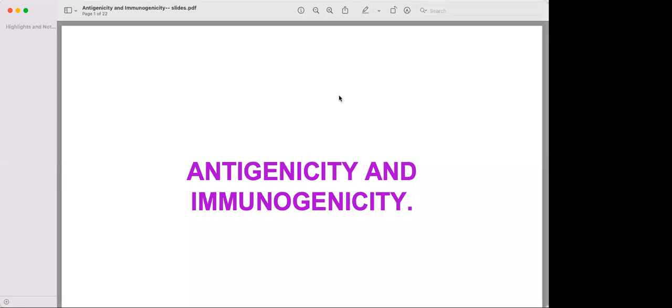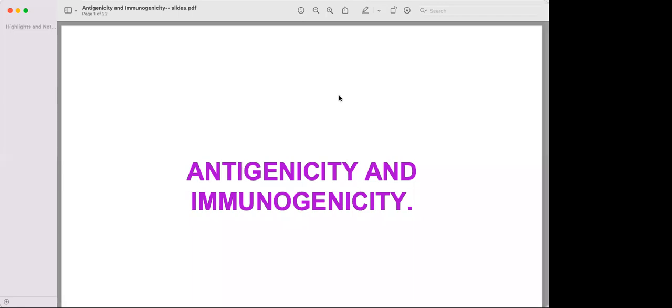So in reality, therefore, this foreign intruder, defined as foreign to the body, comes into contact with the body. And then it has to stimulate an immune response. How does it stimulate an immune response? It first must bind to the receptors of the cells which will recognize it. And then it stimulates the immune response.